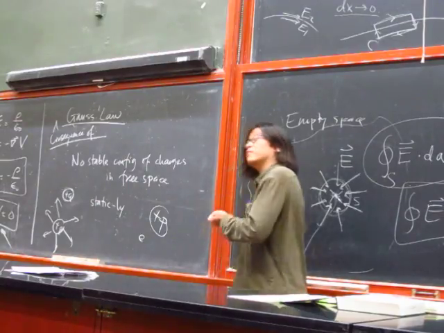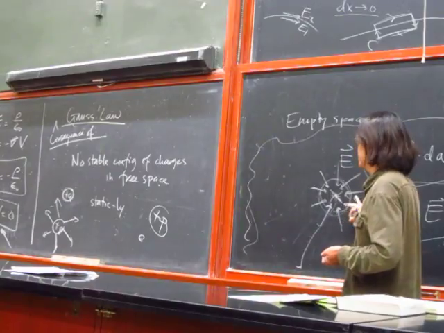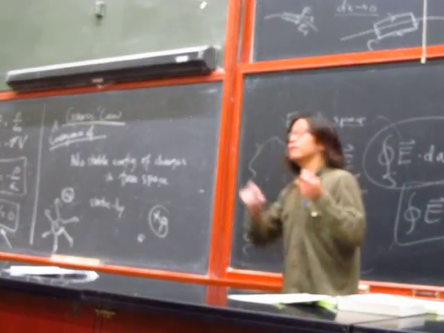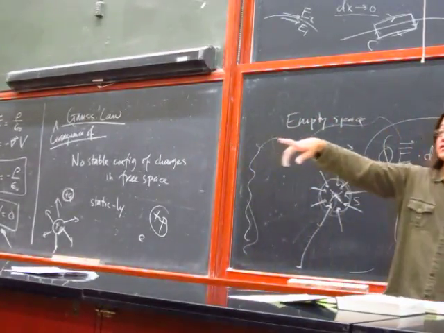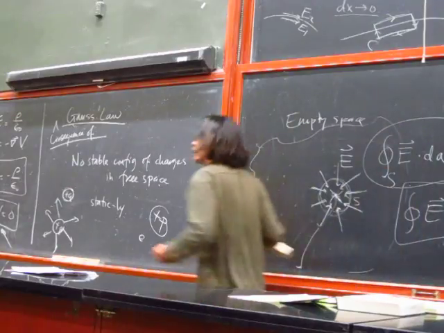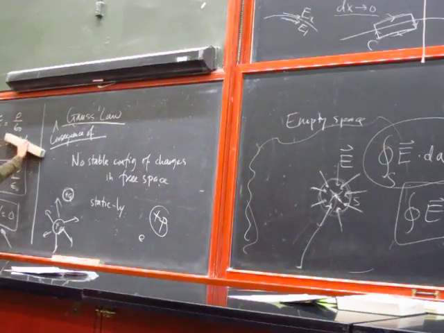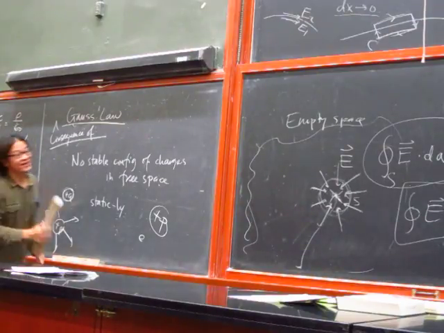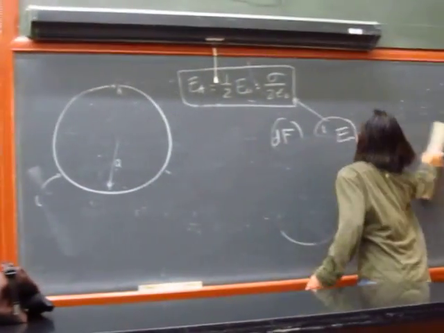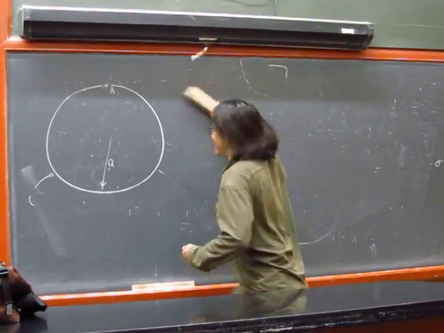I'm talking about just free space, right? This relates to the question that Victor has in the homework. In the homework, you did the electron shell.